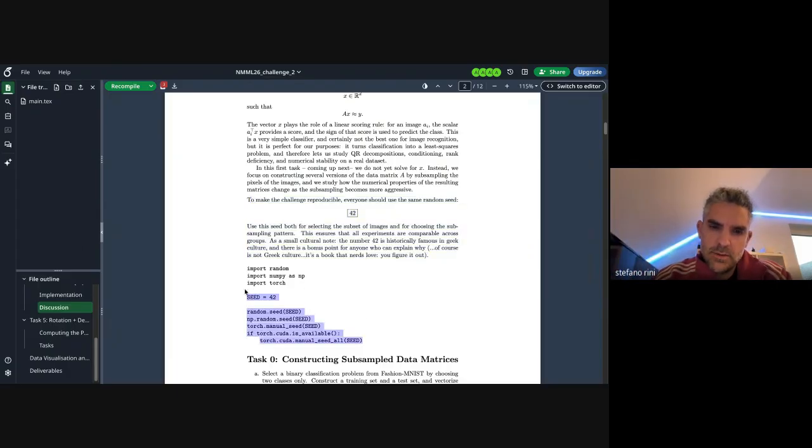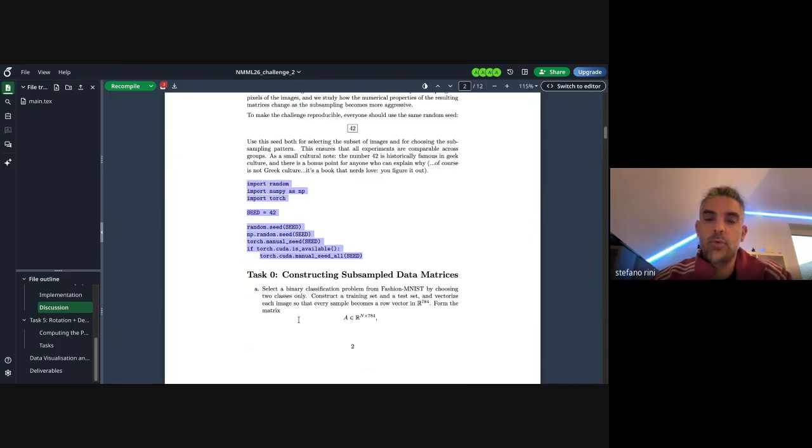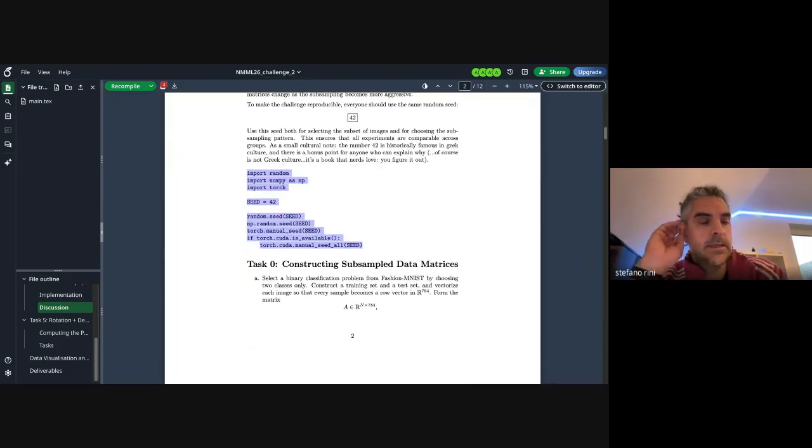This is something that is very important for reproducibility, both internally for your debugging and for code reproducibility. What people always do is to fix the randomness so that if somebody takes your code, they can reproduce your results.